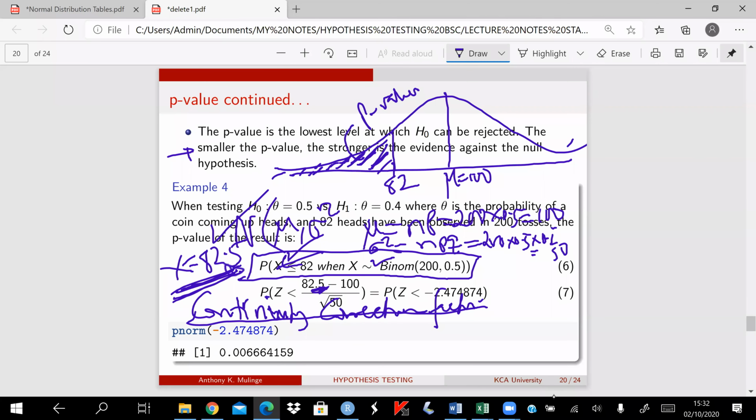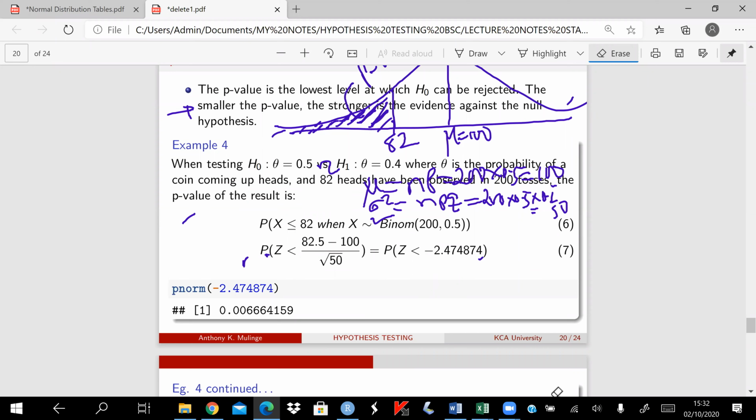Then we compute the corresponding z statistic from there, using x is 82.5. As you know, the definition, z is given by x minus mu naught divided by s, or sigma, whichever is available, or the square root of s squared. I don't need to do that.